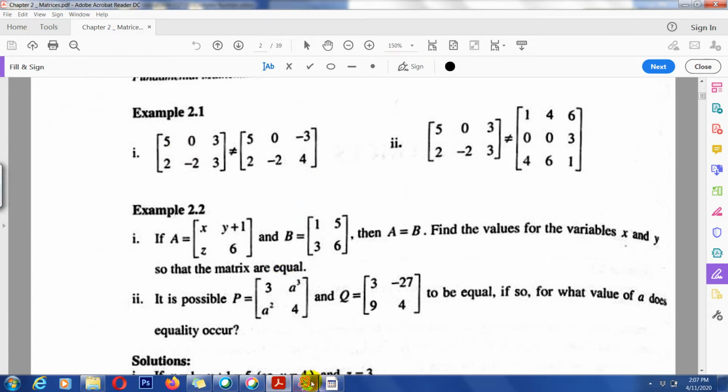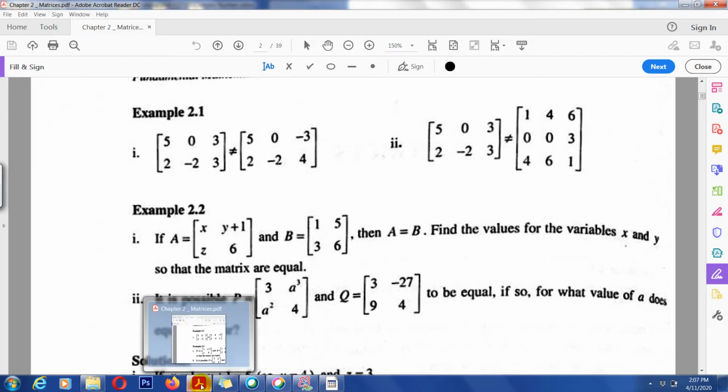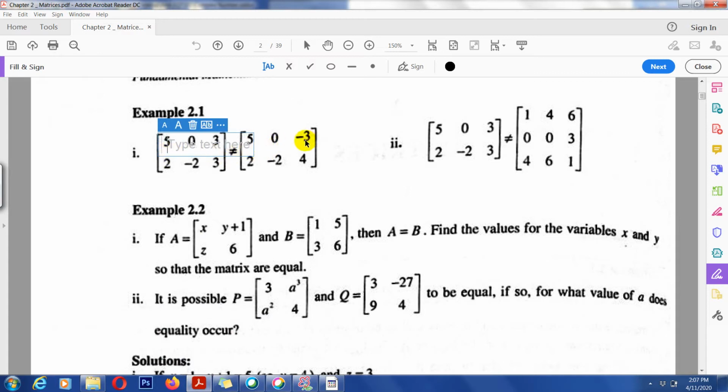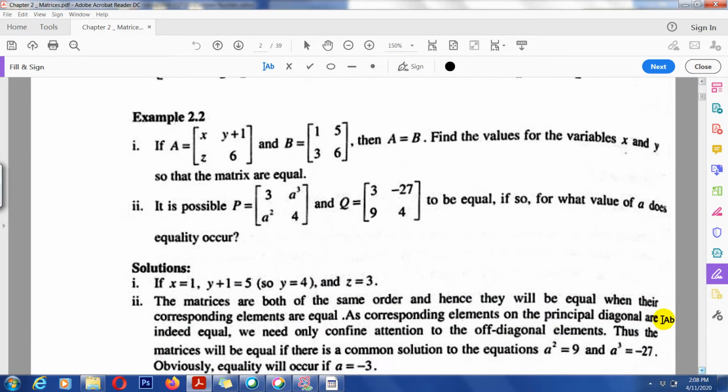So they satisfy the first condition, and then for the other condition, we need every entry Aij to equal Bij. So first 5, 0, 0, negative 3, and this is negative 3. So this matrix is not equal. Also the same here, the first condition is already void. This is already false. Right?